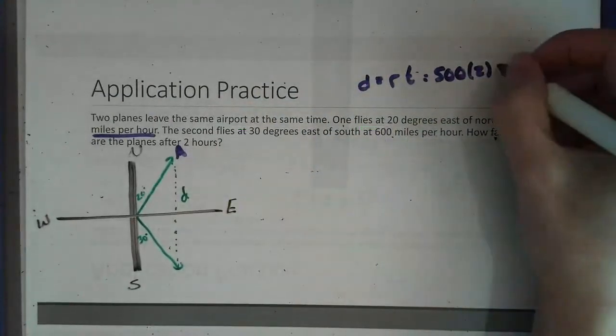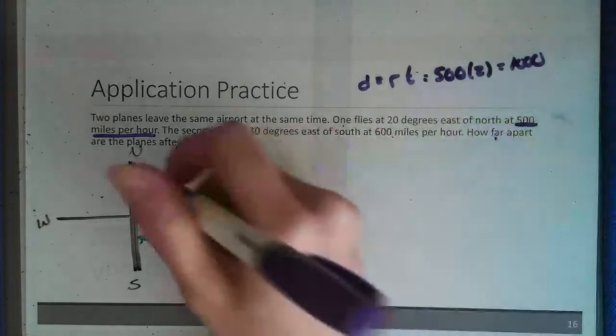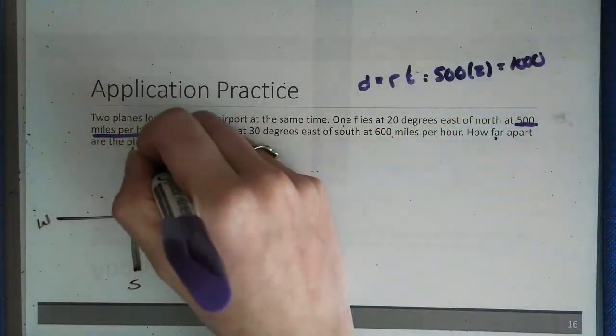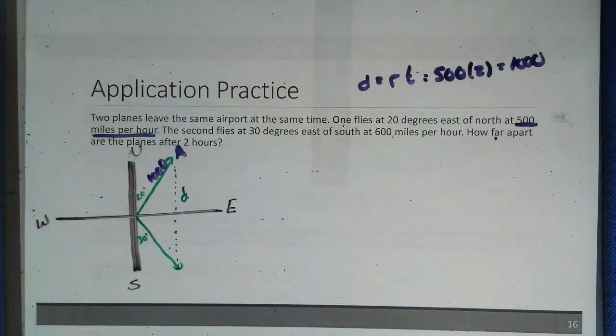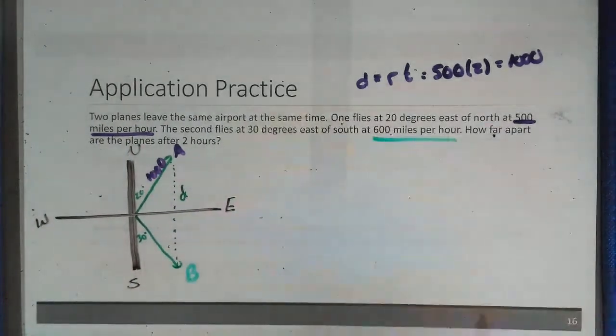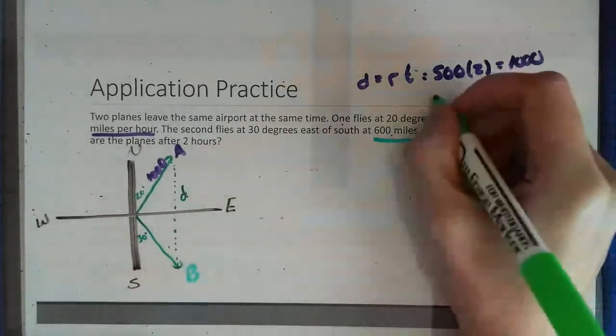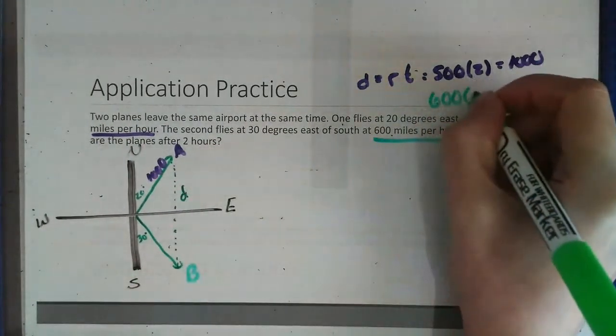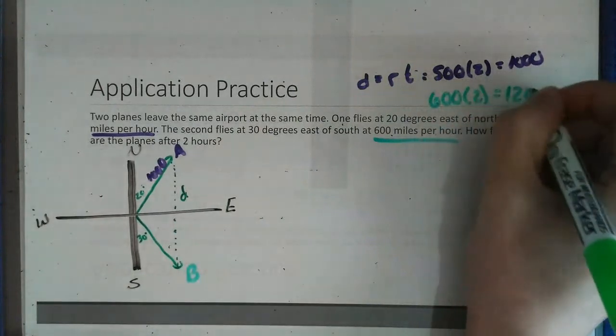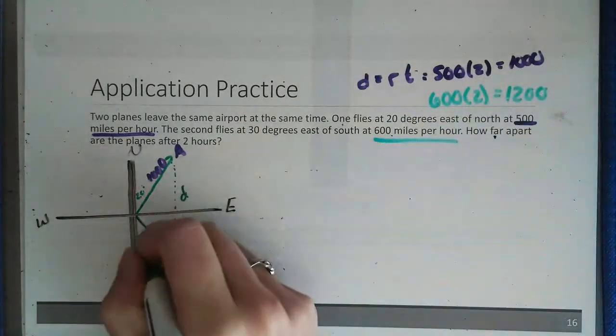So in 2 hours, this plane will have traveled 1,000 miles. Then we have plane B over here. It's flying at 600 miles per hour for 2 hours. So if we take its rate times time, that plane has traveled 1,200 miles.